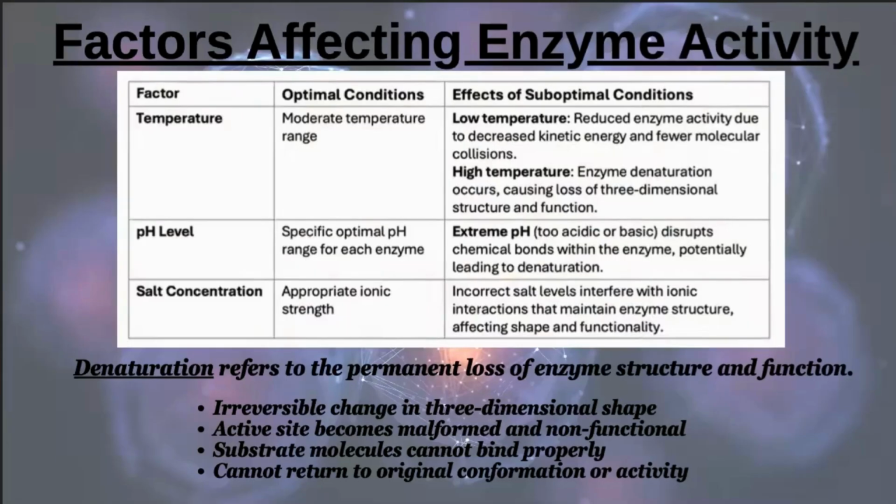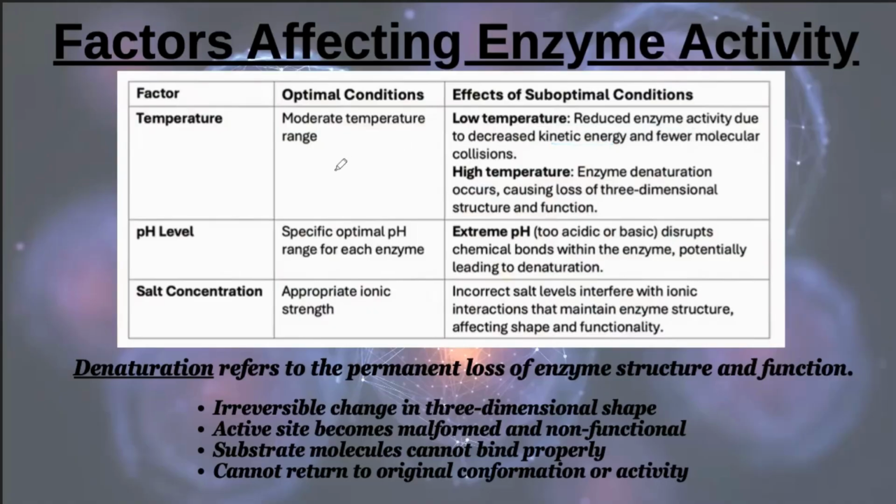This is a great review of what we're going to be talking about in this video. I would suggest taking a screenshot of this because this table allows us to really hone in on the differences. For example, when we're talking about temperature, which is one of our factors, if it's low temperature, there could be reduced enzyme activity because you don't really have high kinetic energy.